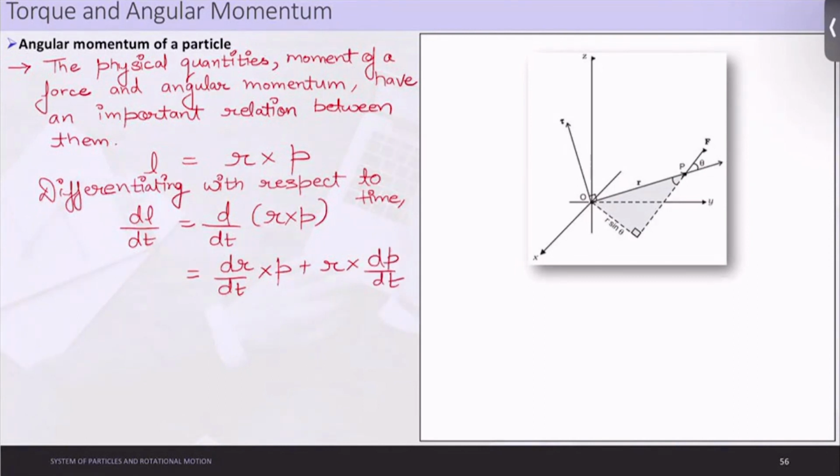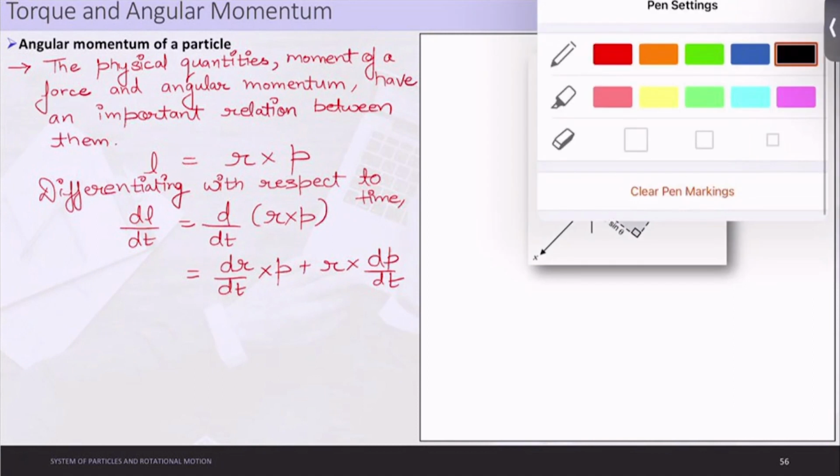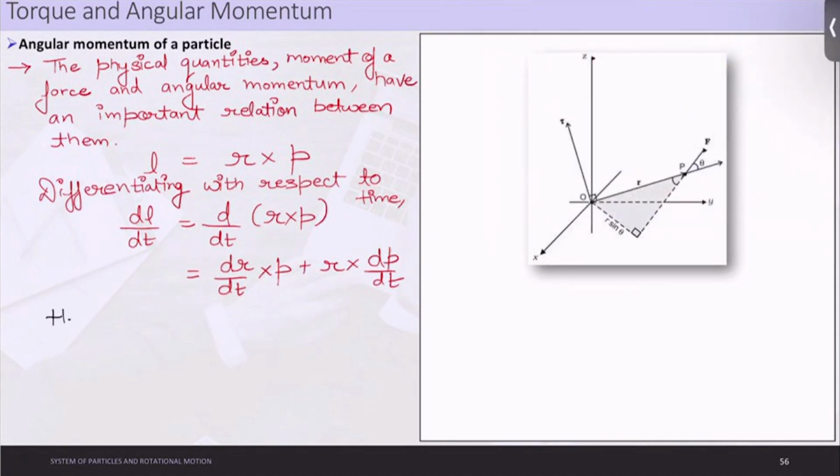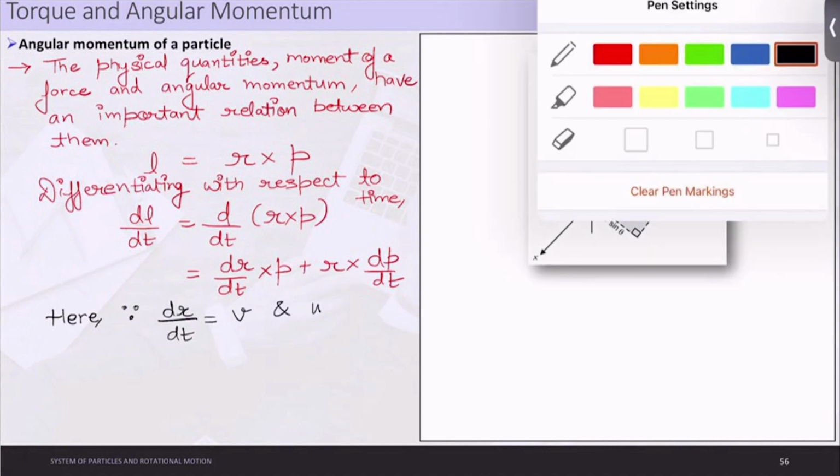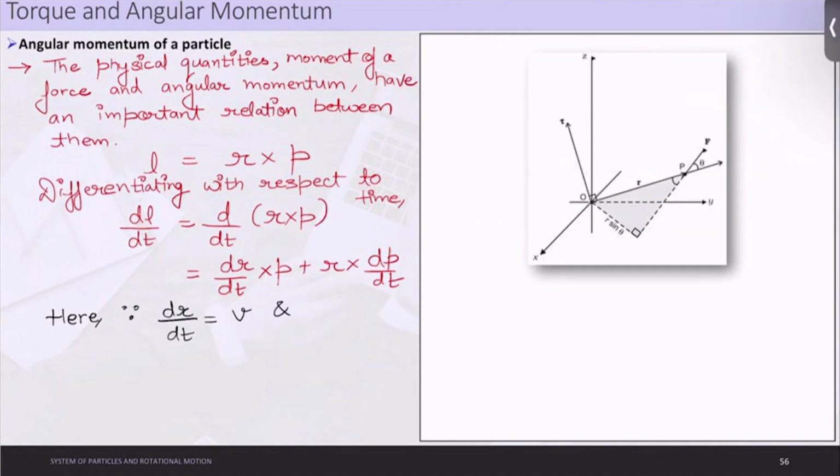Okay, now look at this very carefully. Here we know what dr by dt is. dr by dt is nothing but velocity, right? And similarly, we also know that p is nothing but equal to m into v, right?